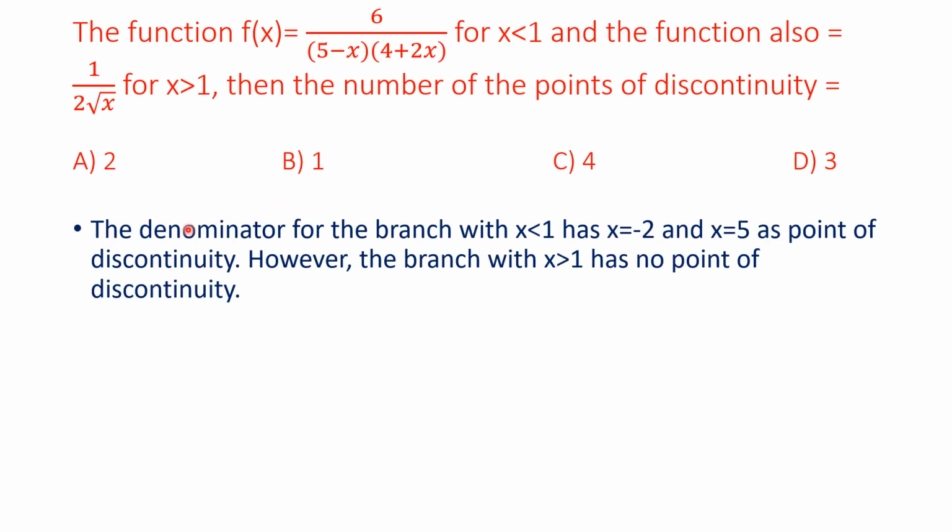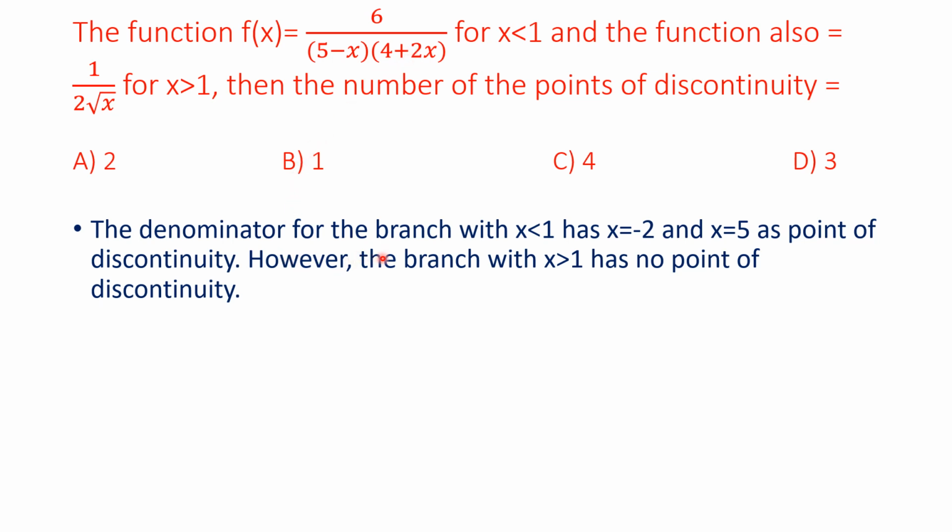So the denominator for the branch with x less than 1 has x equals -2 and x equals +5 as points of discontinuity, because this will give us 0 if x equals 5, and this will give us 0 if x equals -2.